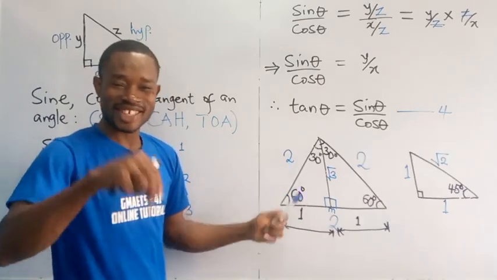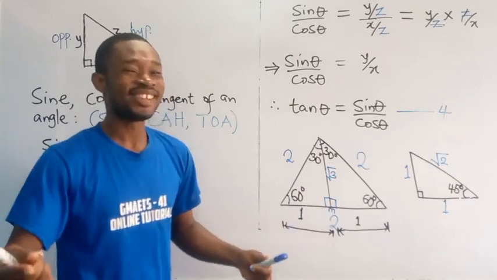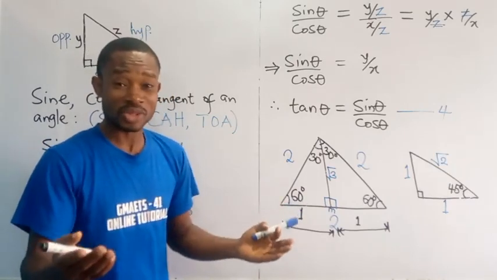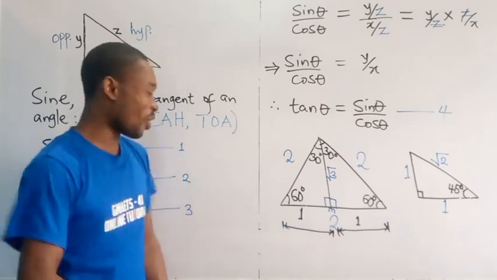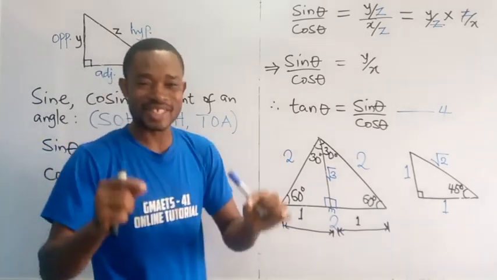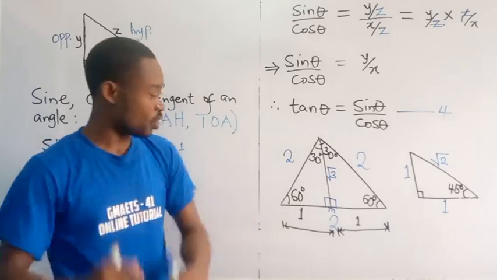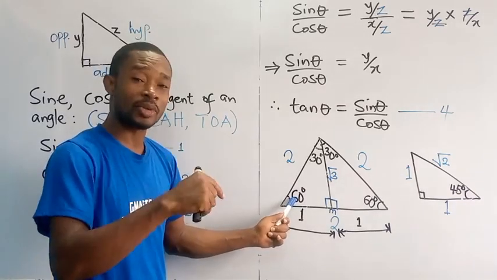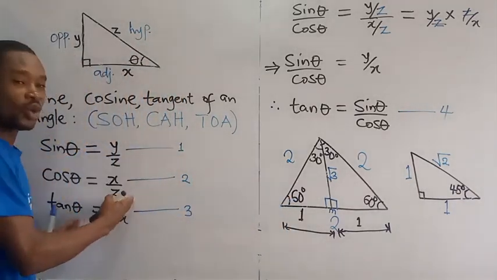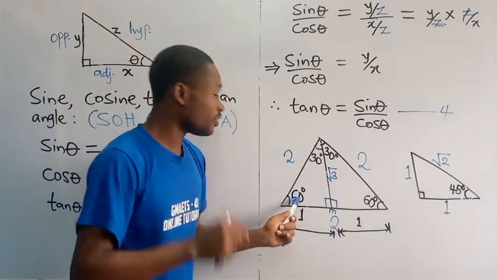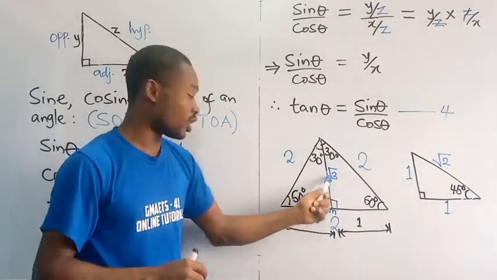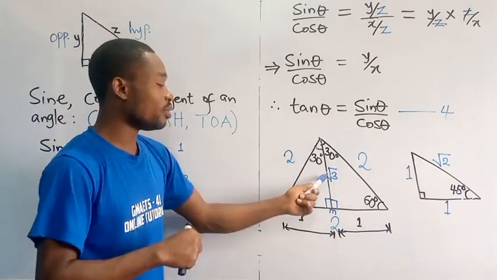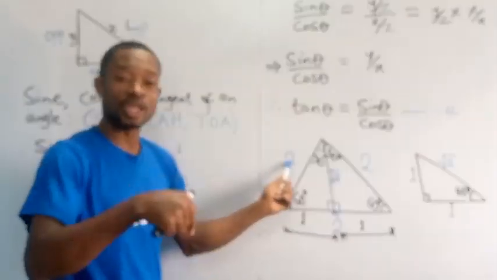So you see that cos 60 is equivalent to sine 30 because both of them are 1 over 2. Are you following? Anyway, you can work out all of those things with this basic knowledge and concepts I'm giving to you already. Let's move on to sine 60. Sine 60 will now be opposite over hypotenuse as usual based on what we established. The opposite of this 60 degrees is this perpendicular height because it's facing it. So sine 60 is going to be root 3 over the hypotenuse 2.